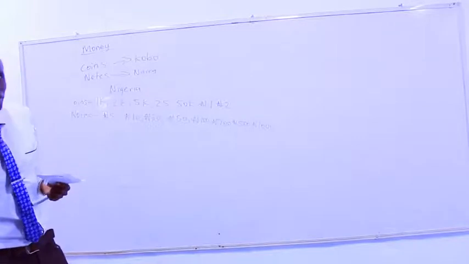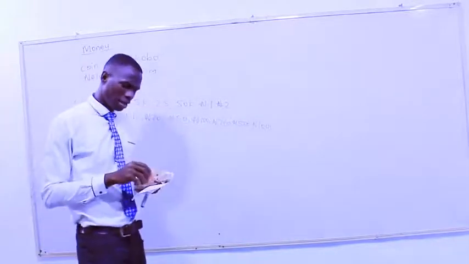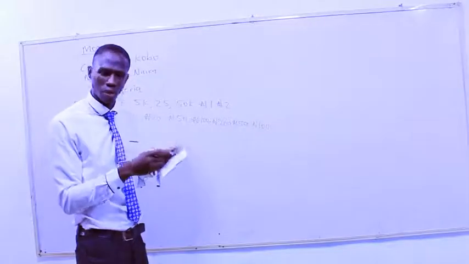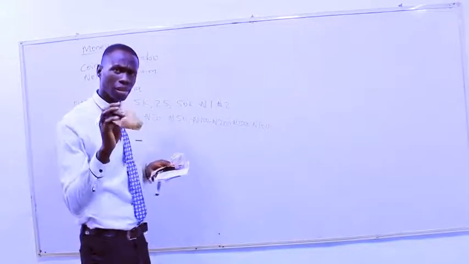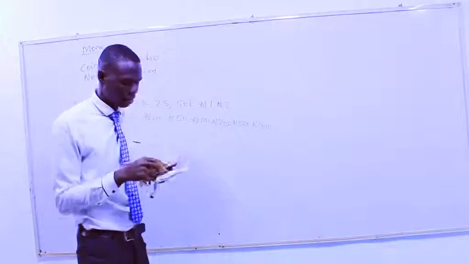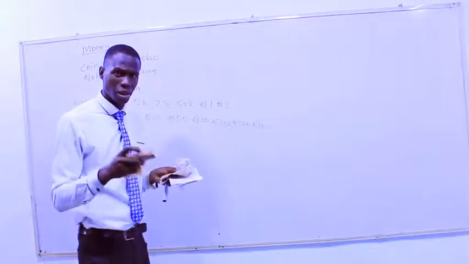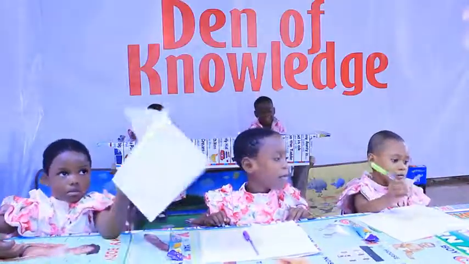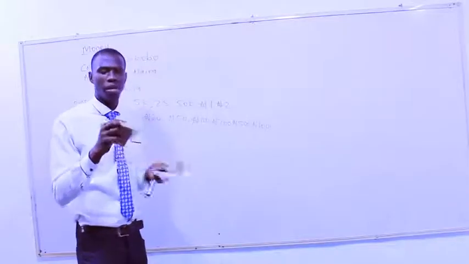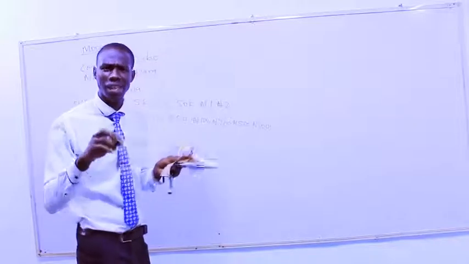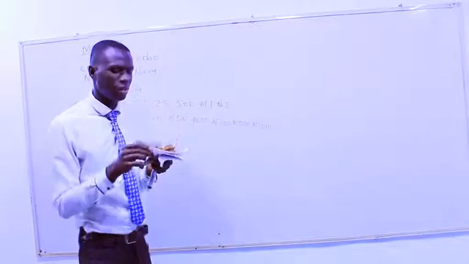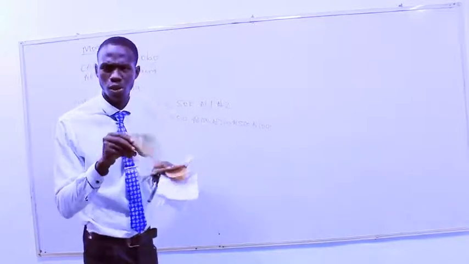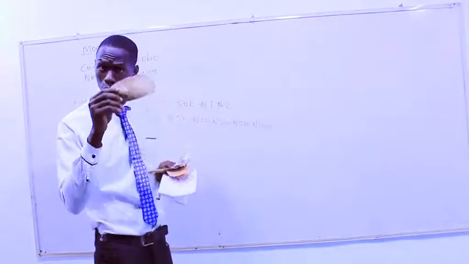Like in Nigeria, these are notes. This is 10 naira. This one has 100 naira notes. You can see it. Notes appear like paper. This one is 50 naira. 200 naira as a note.